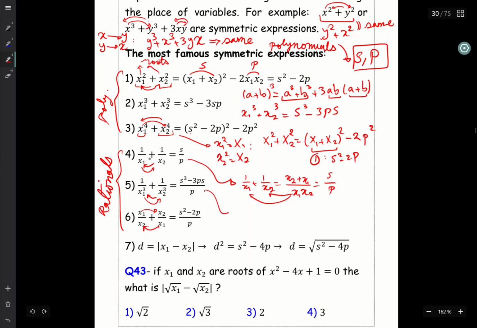Again, the same thing here. 1 over x1 cubed plus 1 over x2 cubed is over (x1 x2) cubed. We end up with x2 cubed plus x1 cubed in the numerator. And you see what happens here: the product goes in the denominator, but then we end up with a polynomial that we already know. So s cubed minus 3sp divided by p cubed. Sorry, this one has to be p cubed here.